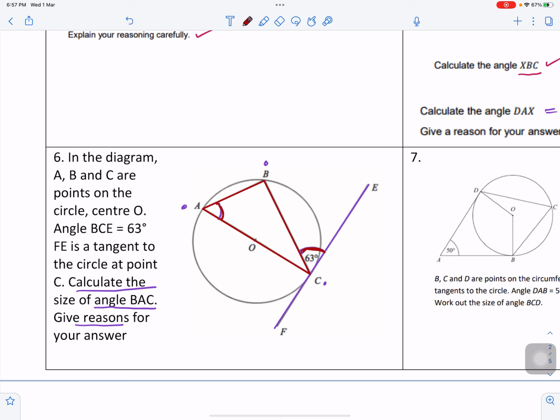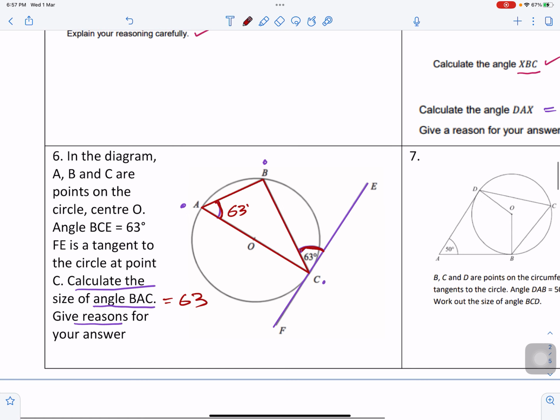So it is forming an angle on the circumference, and these angles are equal. So you can say BAC is equal to 63, and the reason is angle in the alternate segment.